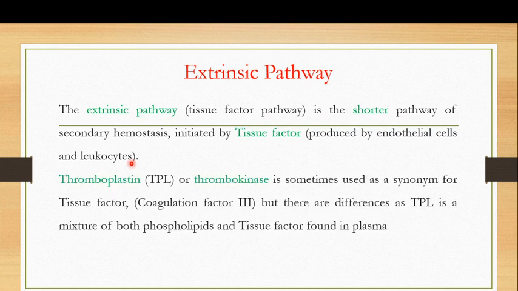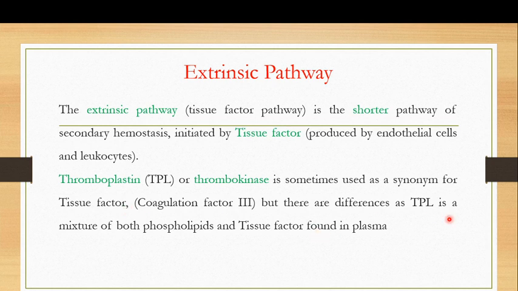Now when we talk about the tissue factor, sometimes thromboplastin or thrombokinase is used as a synonym for the tissue factor. So sometimes you would see in the literature the synonym thromboplastin or thrombokinase for the tissue factor, but these are different things.